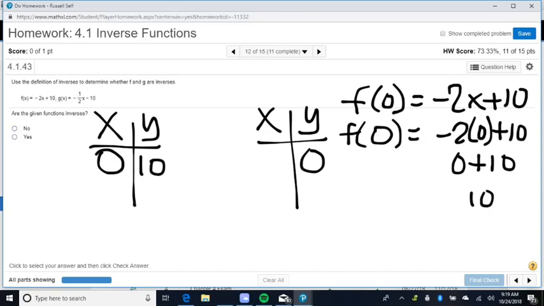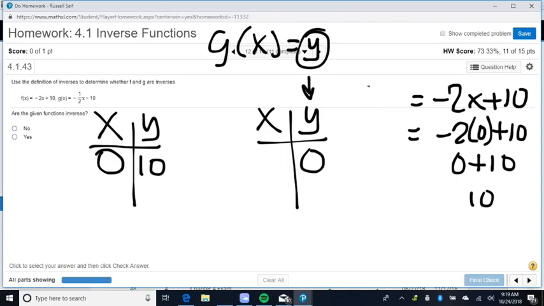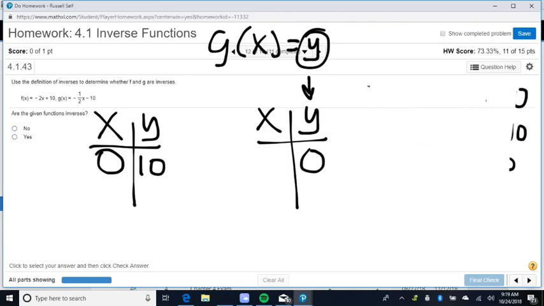So that means I should be able to do the same exact thing, replacing that g of x with 0, because g of x is the same thing as saying y. So we're using y here, but that's the same as g of x. We should be able to do the same thing and get exactly the same value that we got for x on the other side. So let's look and see if that happens. So 0 should equal negative 1/2 x minus 10.